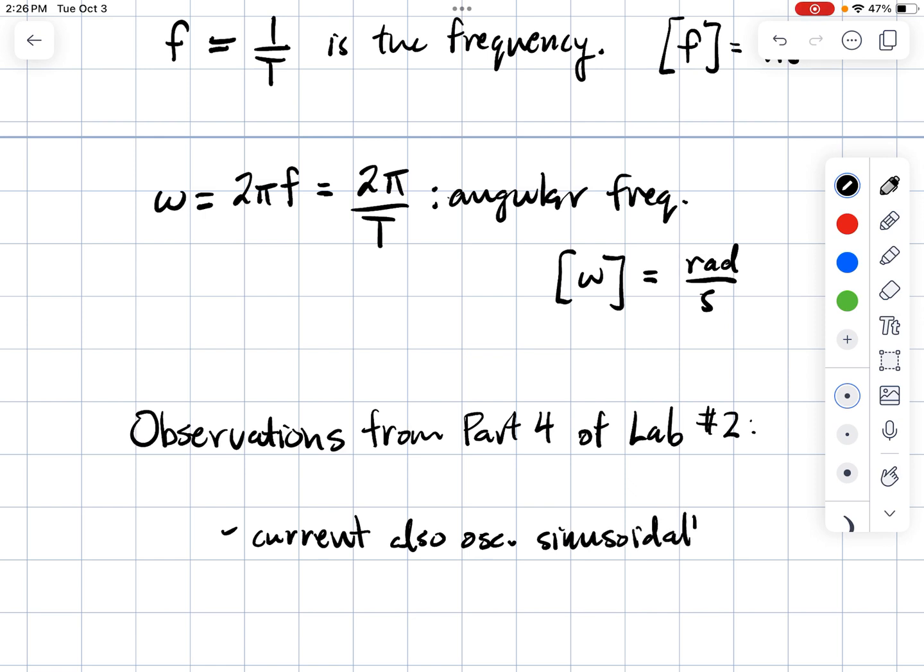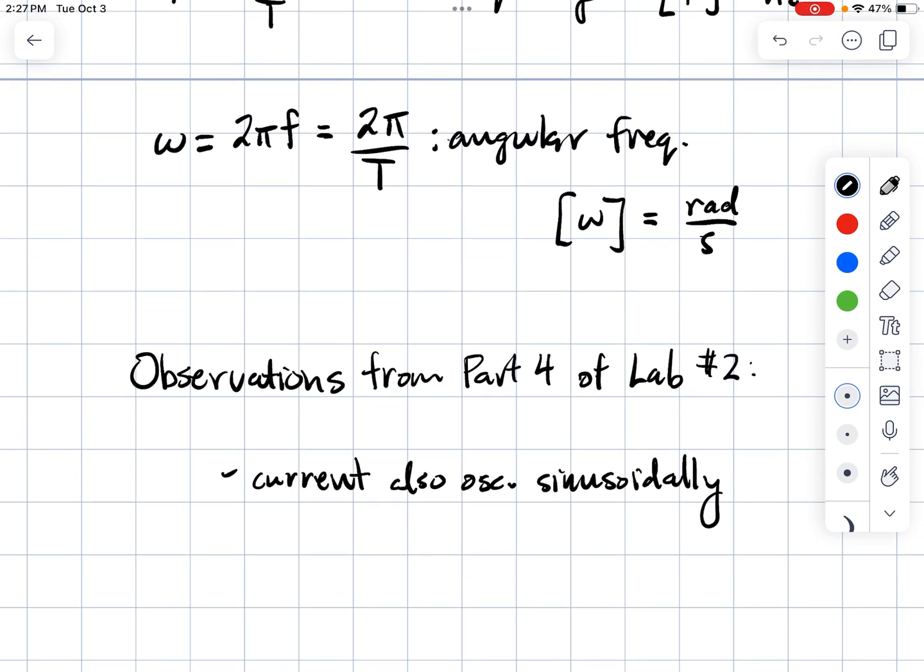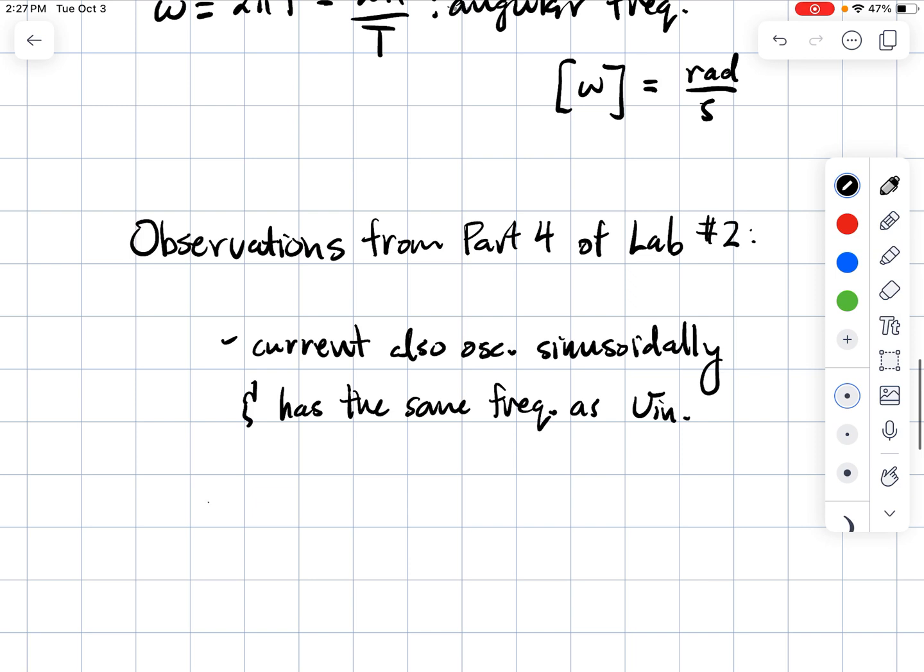And in addition to that, it had the exact same frequency as the voltage oscillations. So the current also oscillates sinusoidally and has the same frequency as Vin. Whatever frequency you set on the function generator, your current will oscillate at that same frequency.